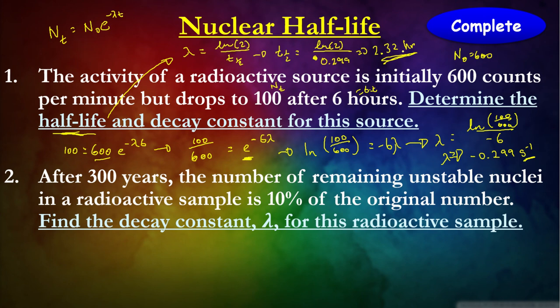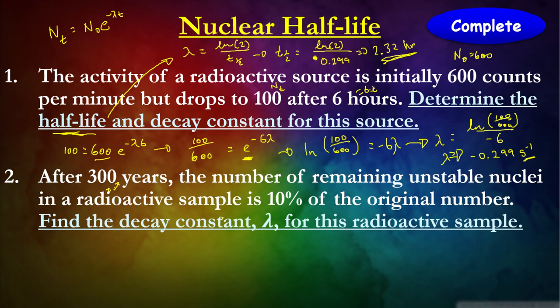Okay, next question. Again, it wants us to find the decay constant. The time that has gone is 300. The number of unstable nuclei is 10% of the original.